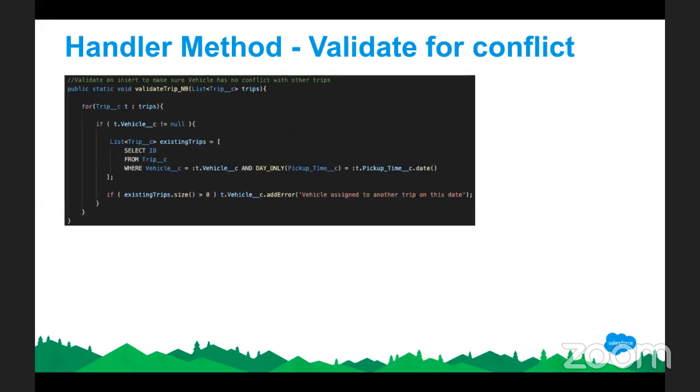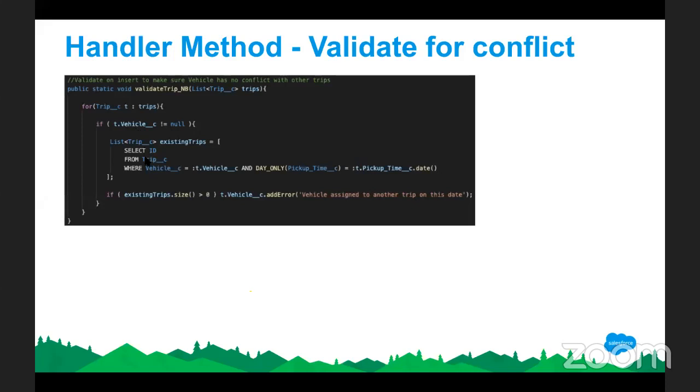And here is the method to validate. So I am inserting some trips. I want to check if the vehicle has another trip assigned. If so, we should throw an error. We should show a validation error. See in the method, this is a list of trips. I am passing in Trigger.new when I call, so that is basically a list of trips. I am looping through the trips. I find the vehicle. If the vehicle is null, I don't need to worry.